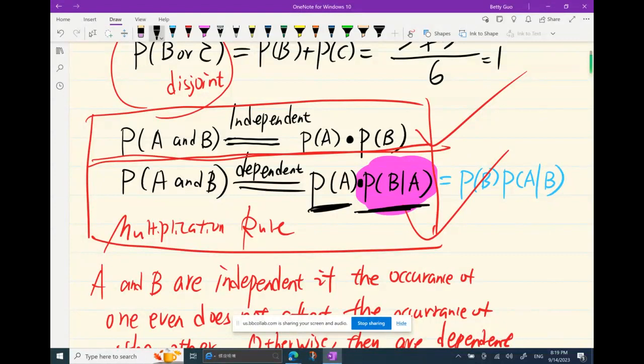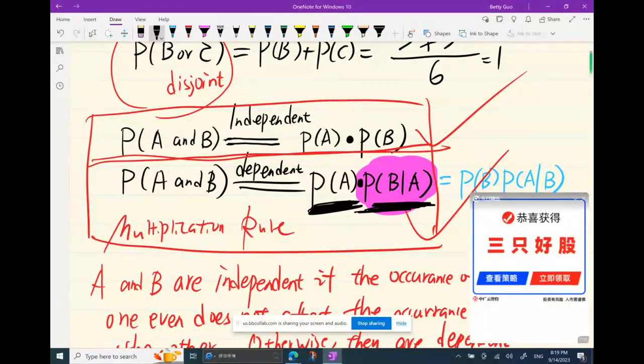There's an order, right? A occurs first, so put the probability of A first, and B occurs because A affects B. So we have to consider the probability of B given A and then multiply them together. That is the second formula for the multiplication rule when the 2 events are dependent.